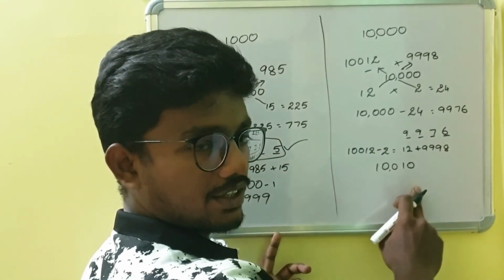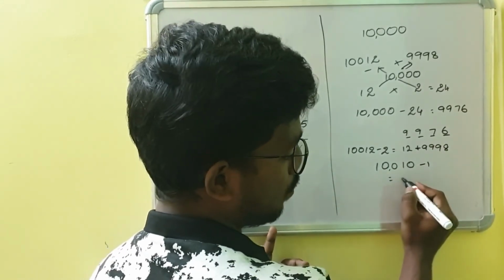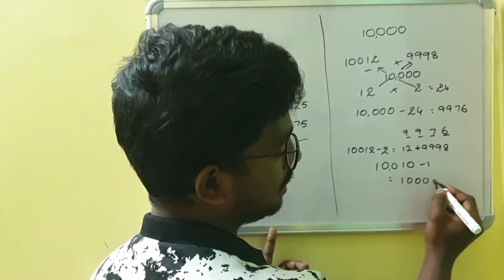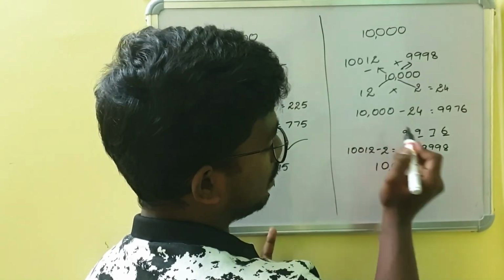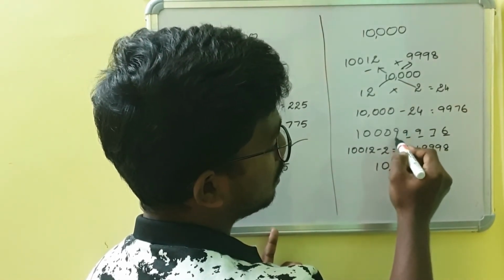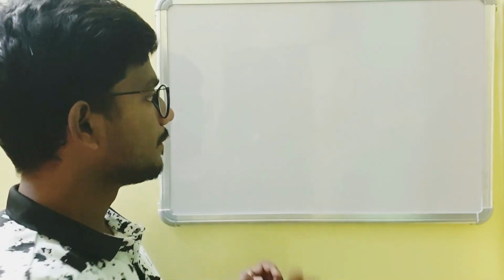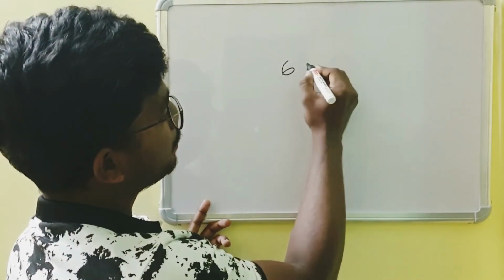After obtaining this, we have to take 1 from the answer. So we will get 10,009. So our required answer is 1000976.